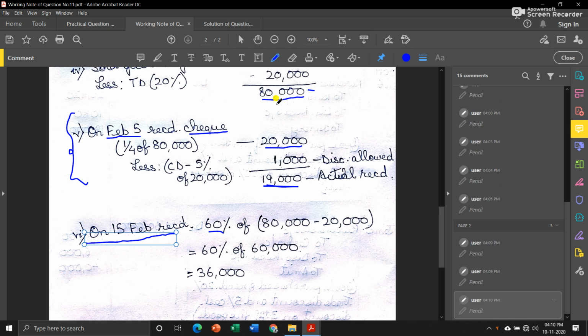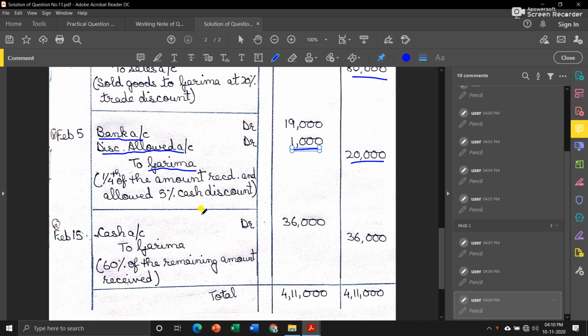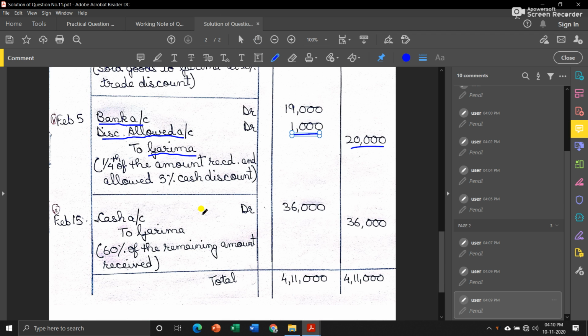Remaining means total sales minus the amount we have already received, that is 80,000 minus 20,000, which is 60,000. So 60% of 60,000 is 36,000. That means we received 36,000 from Garima in cash. The entry will be easy: cash account debited to Garima, rupees 36,000 on both sides.